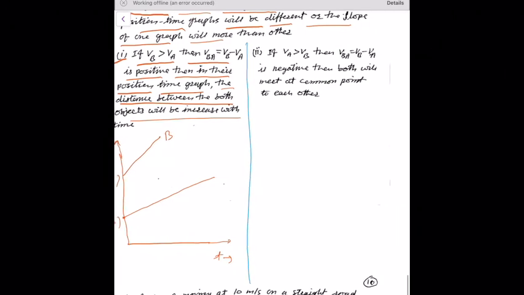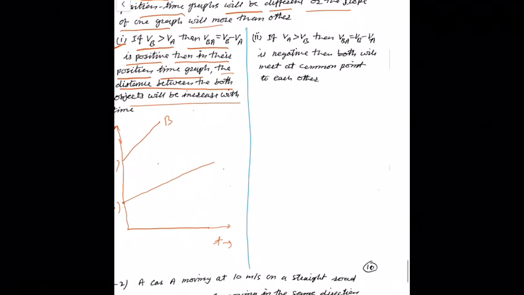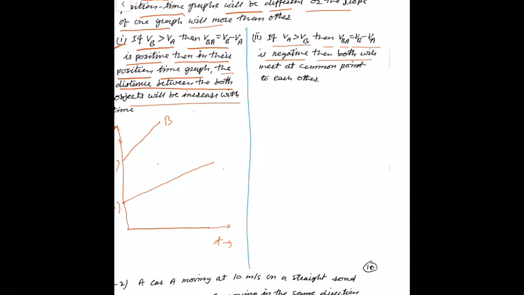In the second case, if VA is greater than VB, then VBA is equal to VB minus VA is negative. Then both will meet at a common point.